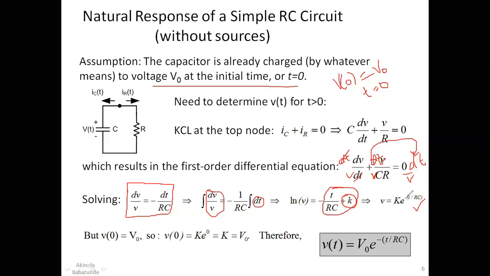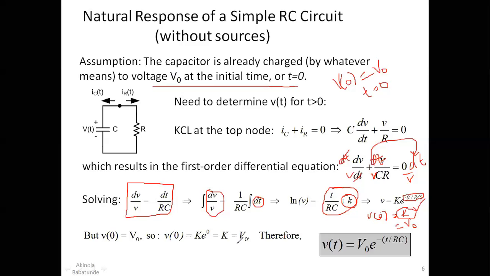Everything at the top will become 0 when we substitute 0 as t. So you have exponential 0, which gives us 1 because anything raised to power 0 is 1. So you are left with V of 0 equal to K. So you can say that our K is equal to V naught.